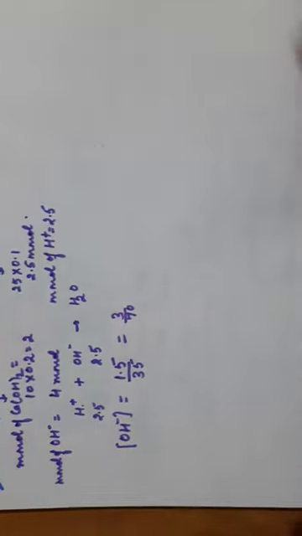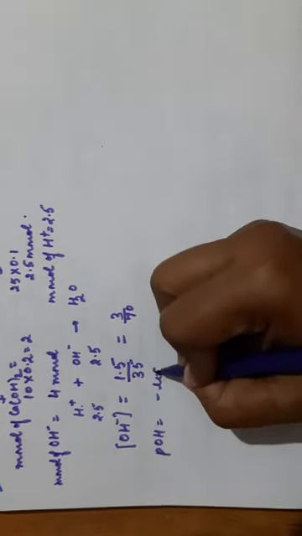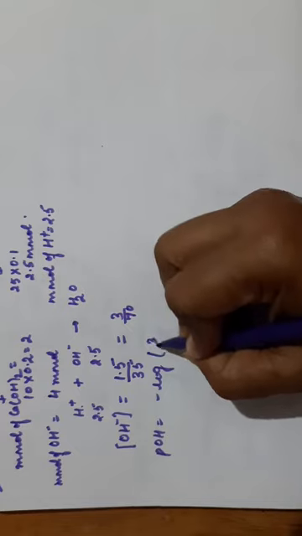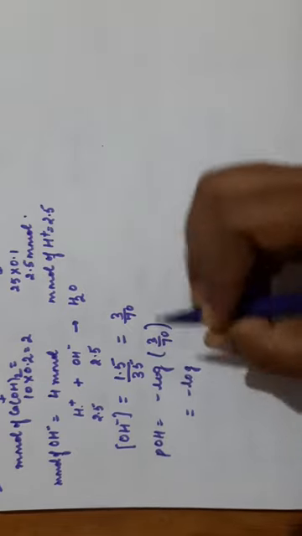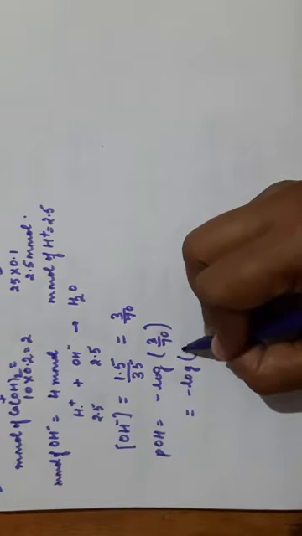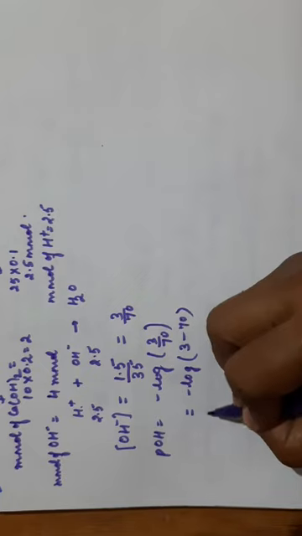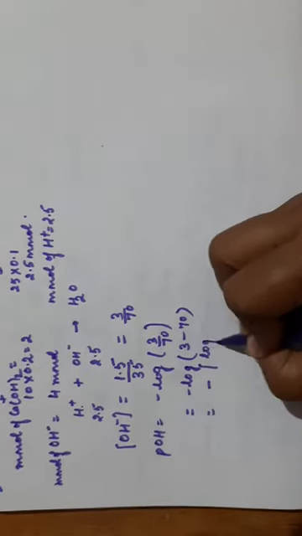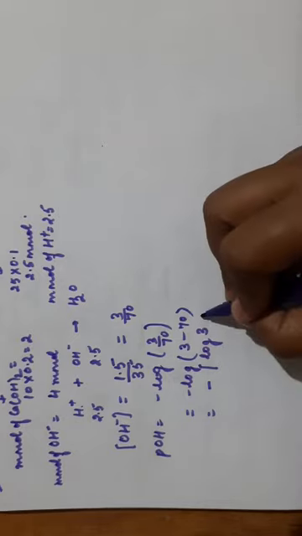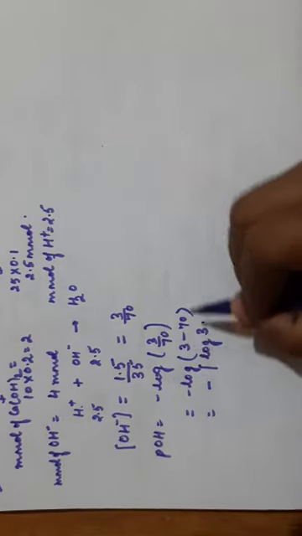Clear? Now let us calculate pOH from here. Minus log 3 by 70. It can be written as minus log 3 by 70. Take this inside: log 3 minus log 70.